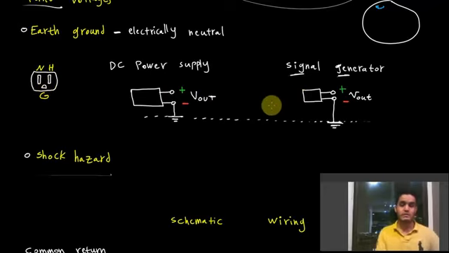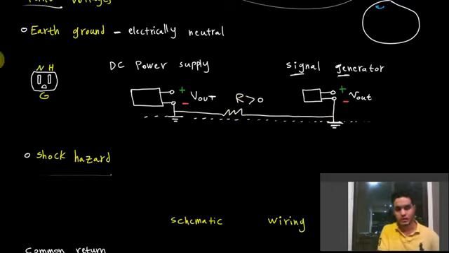Now ideally you would like it to be 0 resistance between the grounds for the 2 different devices. Otherwise, if there's a non-zero resistance there, you would have a parasitic voltage drop across the wires that connect the ground terminals of the devices, and that's not ideal.